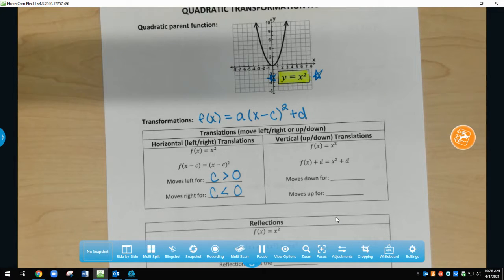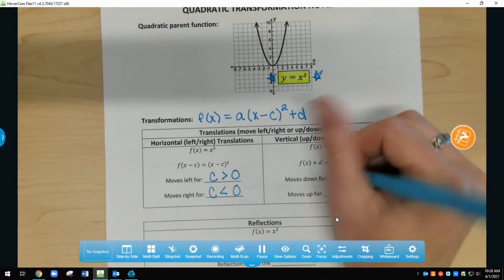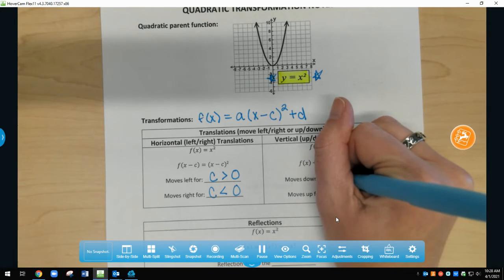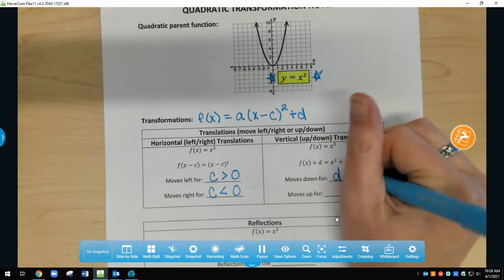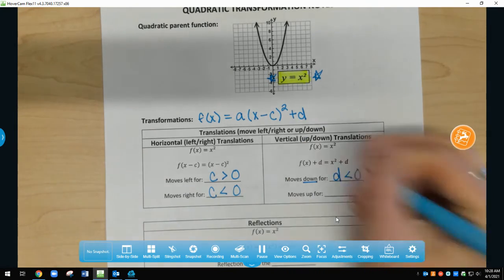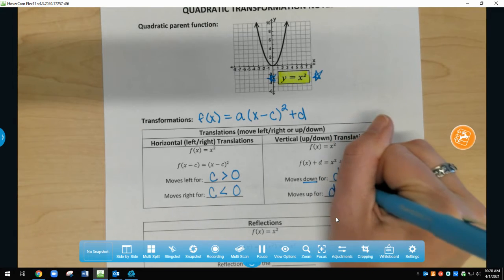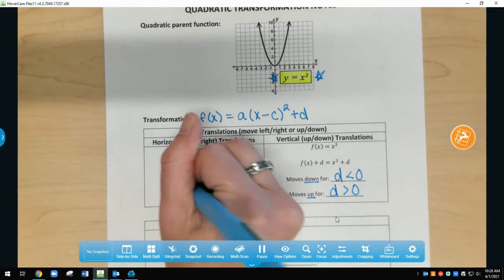Okay. D is outside the parentheses and it moves your graph up and down. So if D is less than 0, it's going to go down. If D is greater than 0, your graph is going to go up.